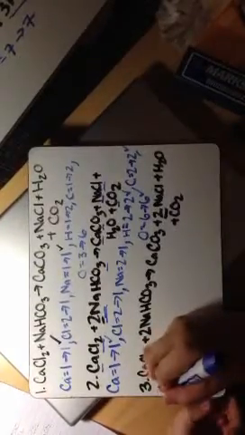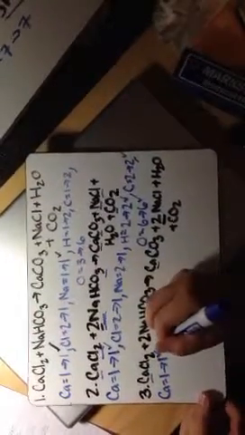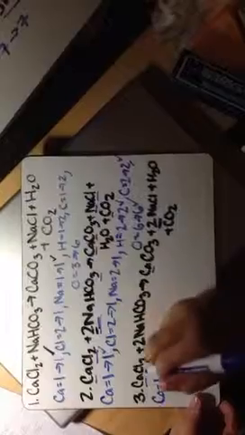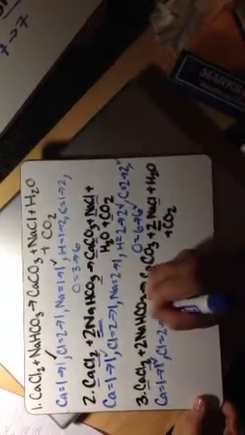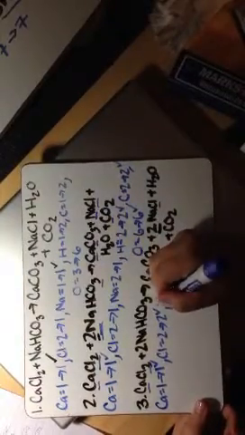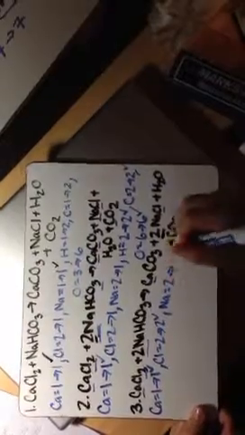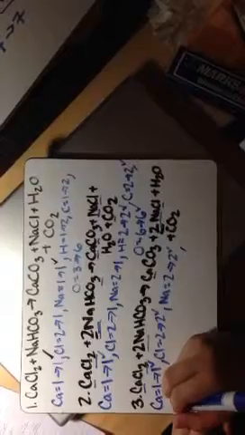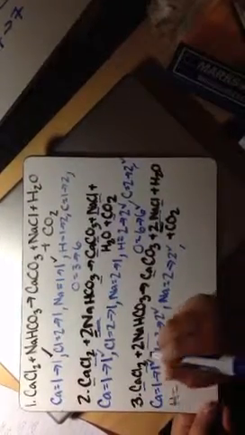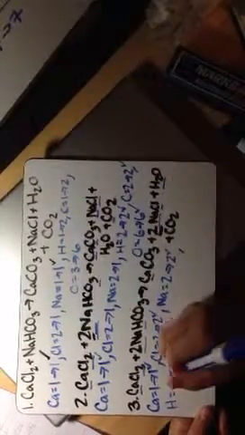For Ca, we've got 1 to 1. Perfect. For chlorine, we've got 2 to now 2. Perfect. For sodium, we've got 2 to 2 now. Perfect. For H, we have 2 to 2.